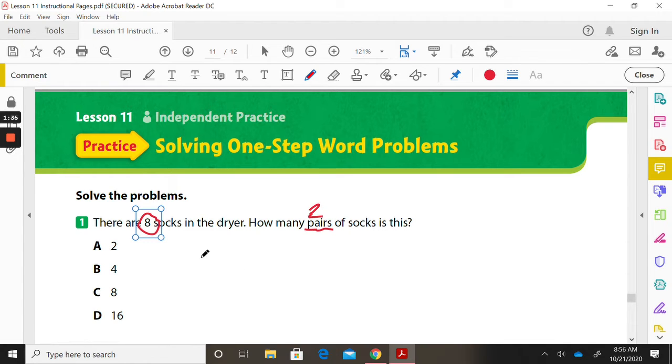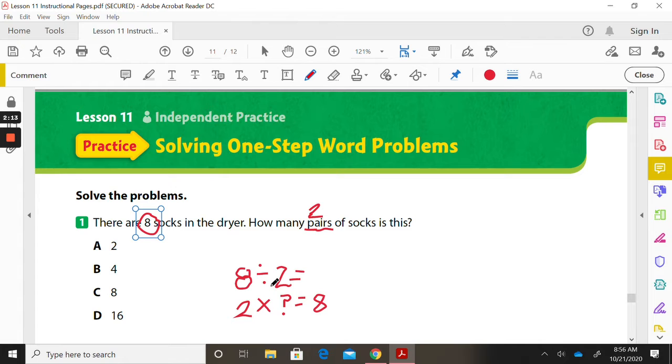So, if I have a total, as we spoke about in the earlier videos, I have a total of 8, and I am dividing that total. Anytime you have a total, you're going to be dividing it up, or you can use it as the product in your multiplication problem. I'm going to be dividing it by 2, or I could think in my head 2 times the unknown is 8.